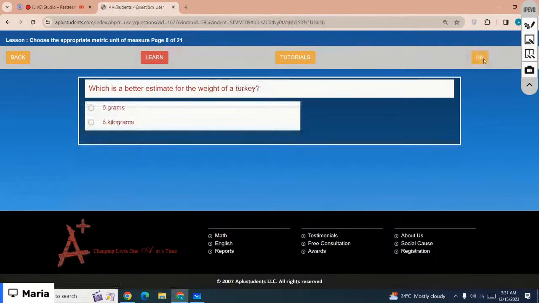Which is the better estimate for the weight of a turkey? It must be 8 kilograms because grams is too small for the weight of the turkey, right?